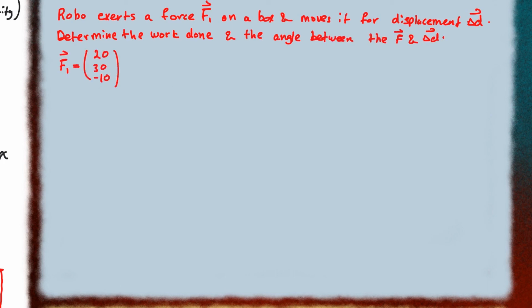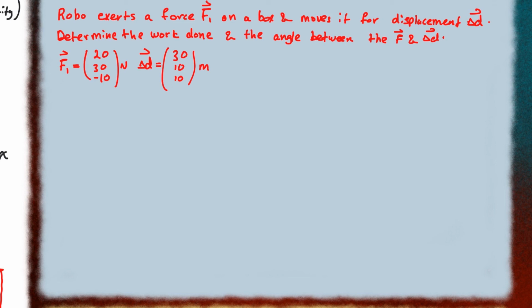For the second question, we've got Robo who exerts force F1 on a box and moves it for a displacement of delta D. We want to determine the work done and the angle between the force and the displacement, and we're given all the components of the force and the displacement.